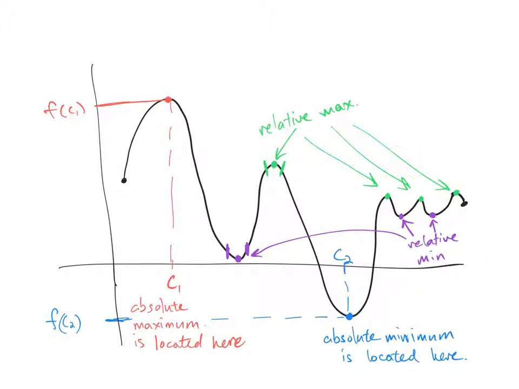Now just as a side note over here to the upper right, if you have an x and y axis like this, and you look at the cubic function, y equals x cubed, something like this, this graph increases through and through, from left to right.